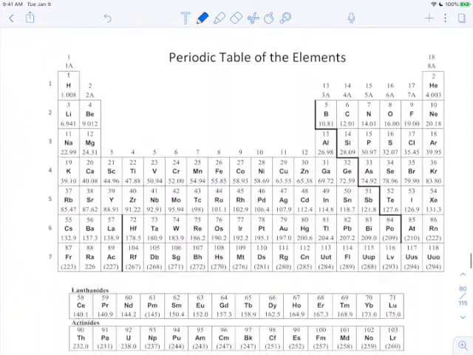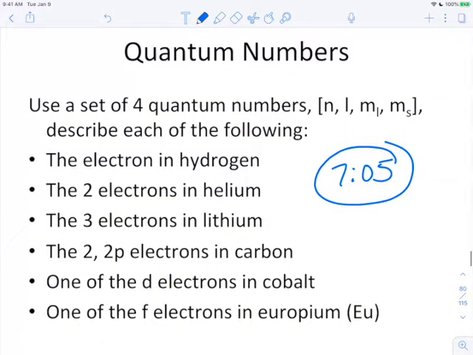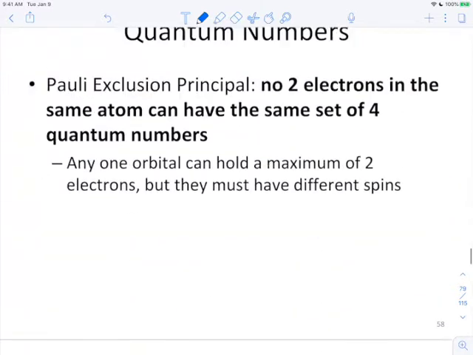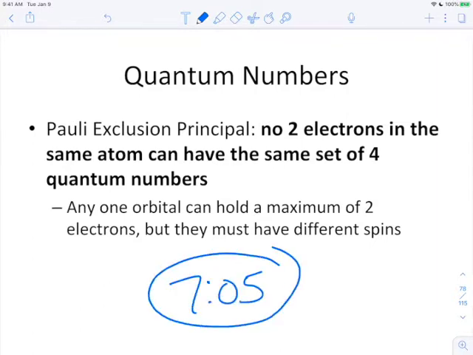So we will finish up our quantum numbers, and then we will talk about the lab. So you'll probably get out of here by about around 8:15-ish tonight, unless you'd like to stay. And of course, I'll be with you till 9:45 tonight. Oh, and I see, scroll up to the last slide. This one right here. Yes, okay. So let's come back at 7:05. And I'm going to go ahead and pause that video.